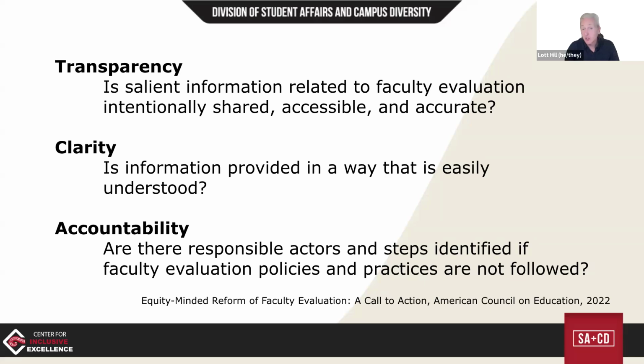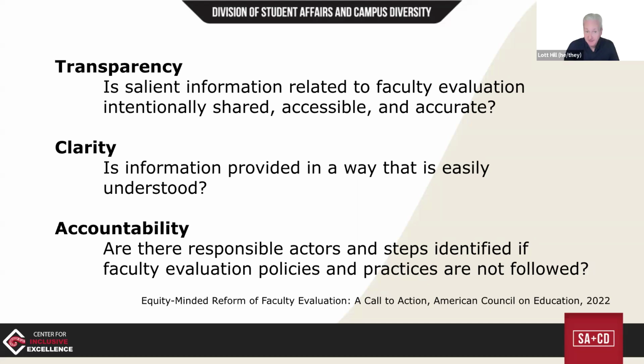And in the second video today, Nora Schultz will be asking you to consider how these principles might help us identify the ways specifically to mitigate the potential for implicit bias in the 3 areas of faculty evaluation at SDSU. So you may also want to be thinking about that now.